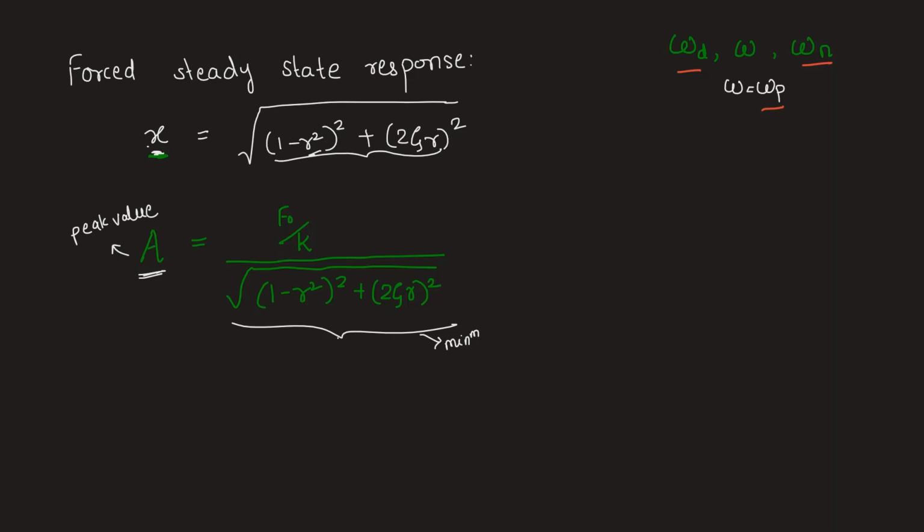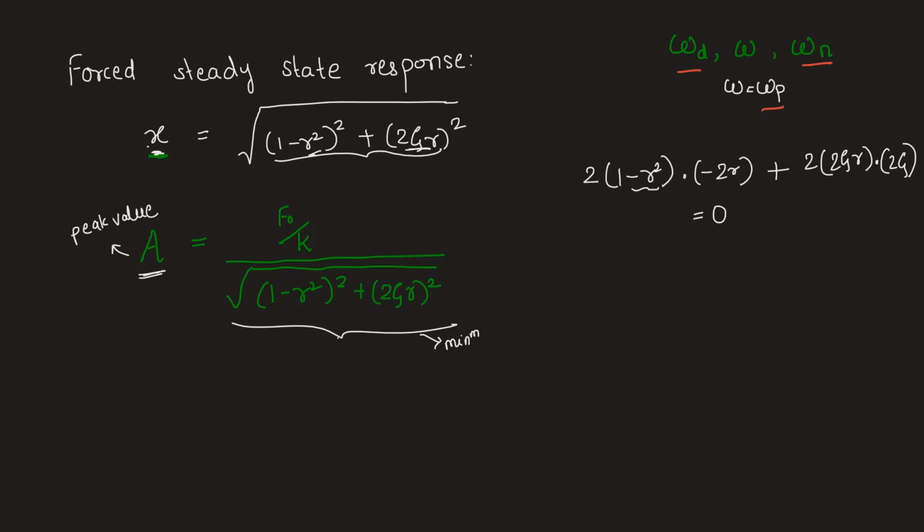Doing that, we have 2 times (1 minus r square) into derivative of this term by chain rule, so we have into minus 2r, plus derivative of this second term here will be 2 times 2 zeta r into, again the derivative of the inner term will be 2 zeta. This should be equal to 0. Let's simplify this.